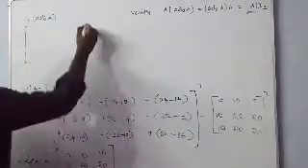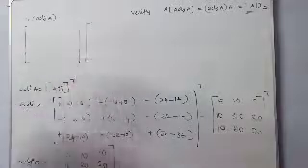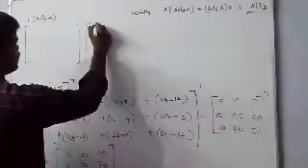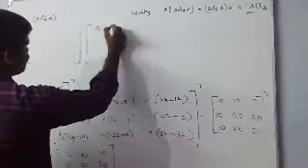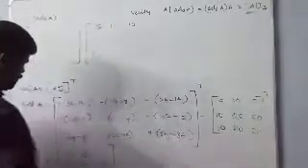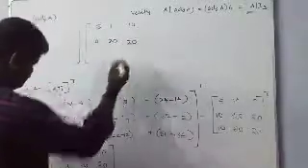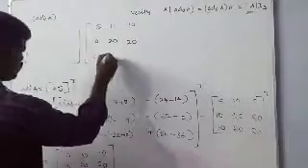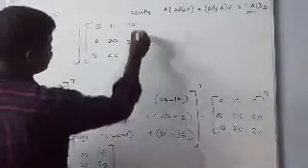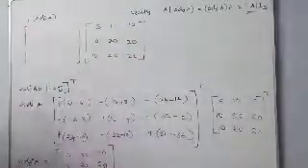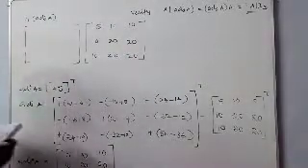Write the A matrix and multiply adj A matrix. What is the value of adj A? 5, 10, 10, 10, 20, 20 and 10, 20, 20.